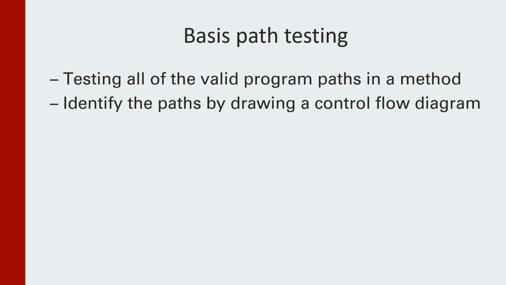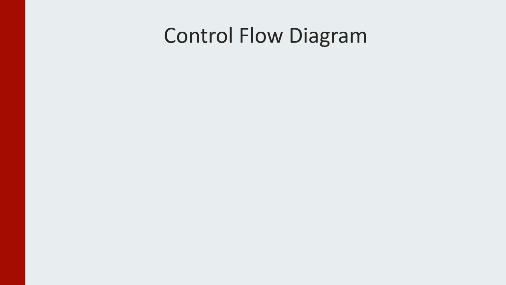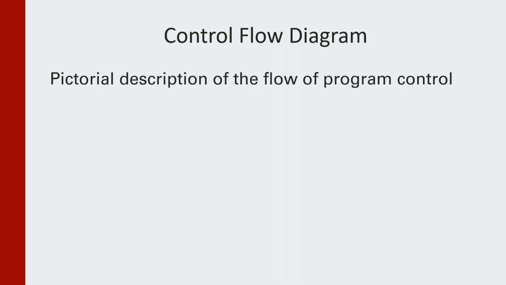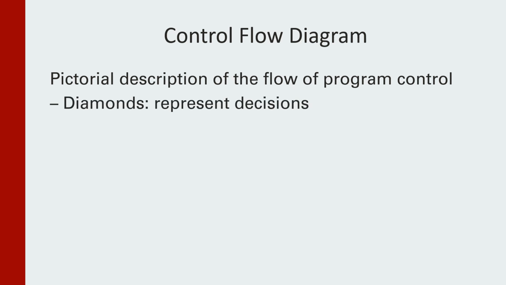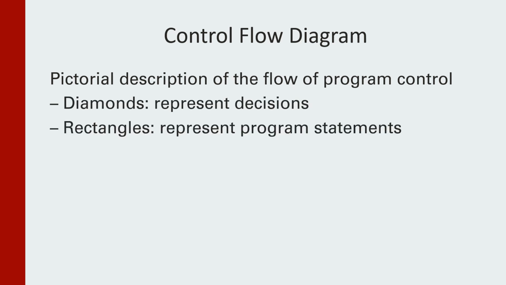Now, one visual way to figure out what those paths are is to draw a control flow diagram of what's going on in your code. The control flow diagram is a pictorial description of the flow of program control. Diamonds are going to represent decisions, and rectangles are going to represent program statements.